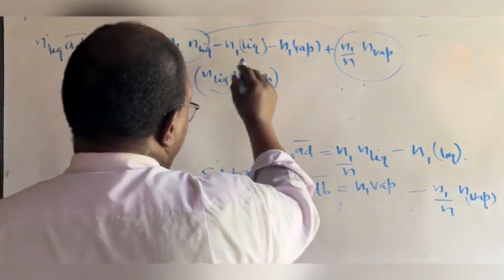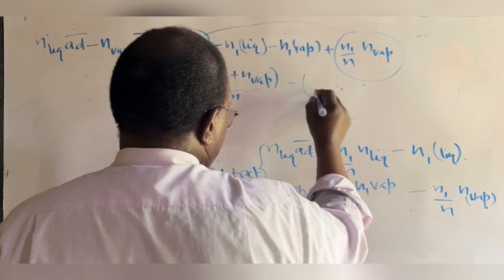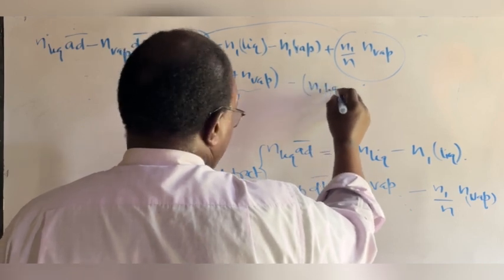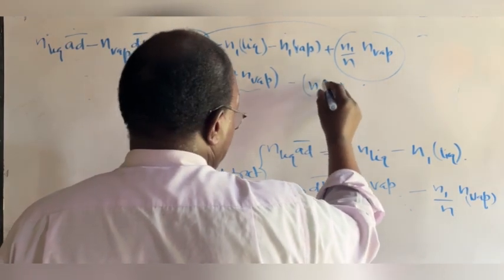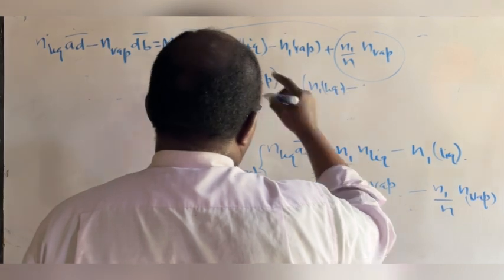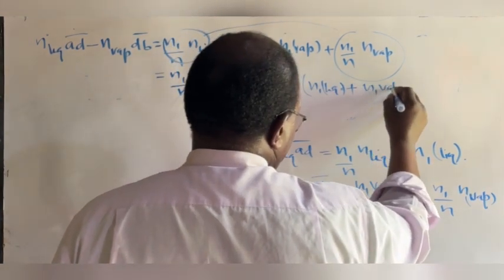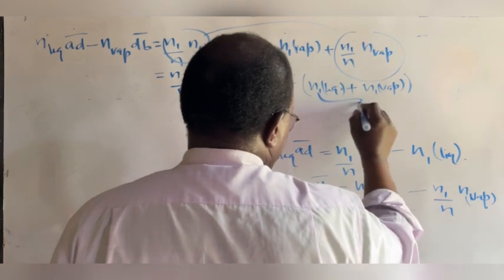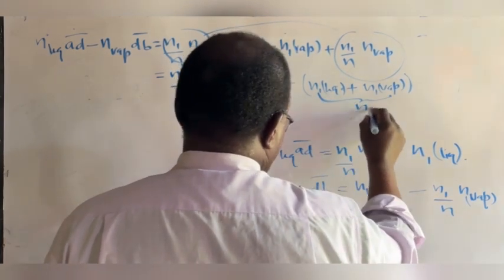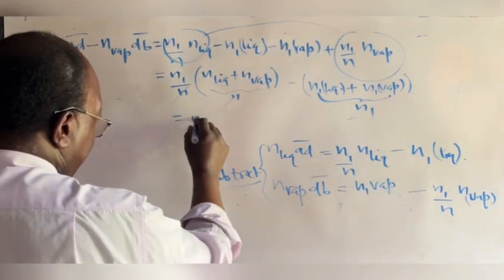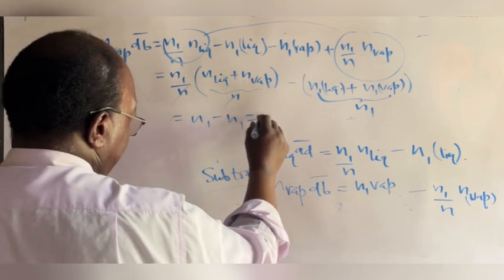And then here we have minus N1 liquid plus N1 vapor. Again, remember, this is N1. So we are left with N1 minus N1, and that is 0.